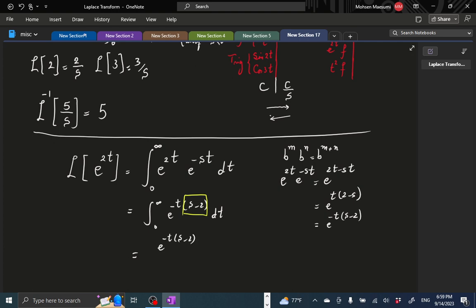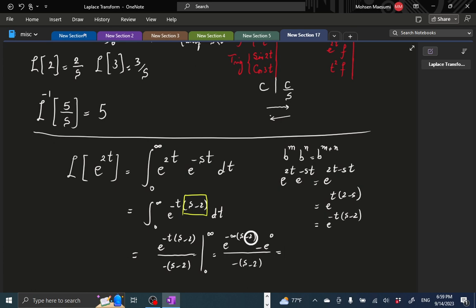Remember, this is the constant here, divide by the same constant, and then I'm integrating from 0 to infinity. Same discussion as before. Infinity times s minus 2 minus exponential of, when t is 0, is easily just exponential of 0 over minus s minus 2.